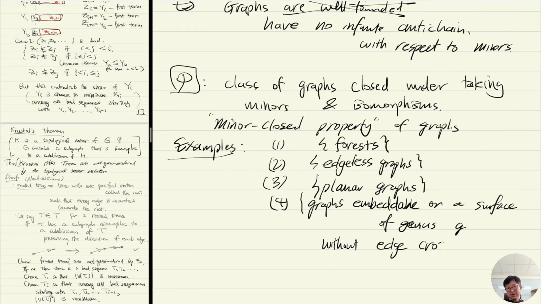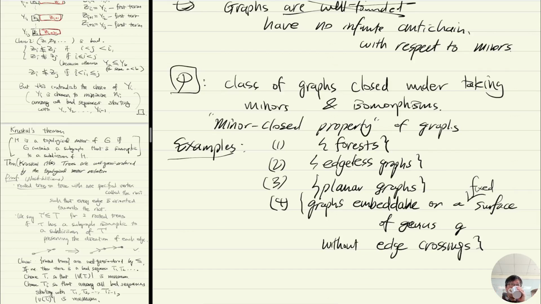By the same logic, you can delete an edge, you can contract an edge, and those operations preserve the property that the graphs are embedded on a fixed surface. So these are all examples of properties that are closed under taking minors.